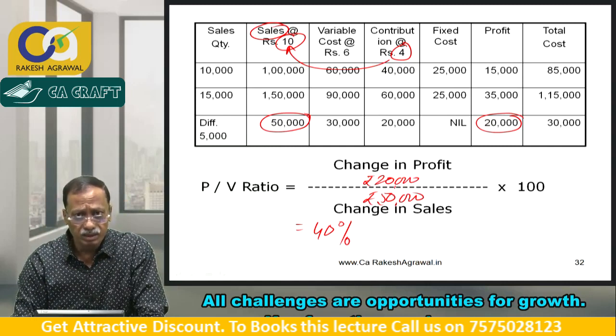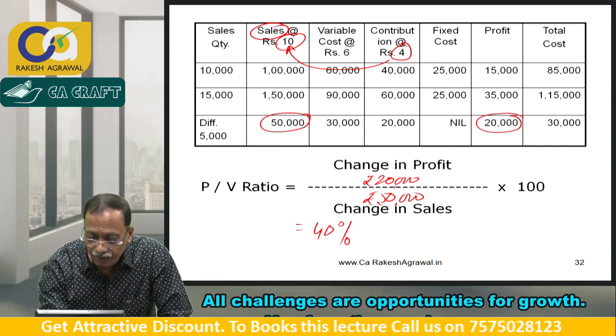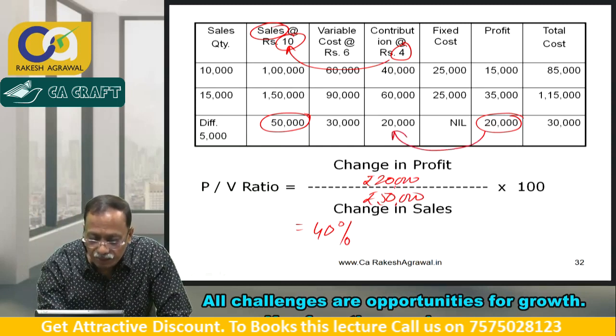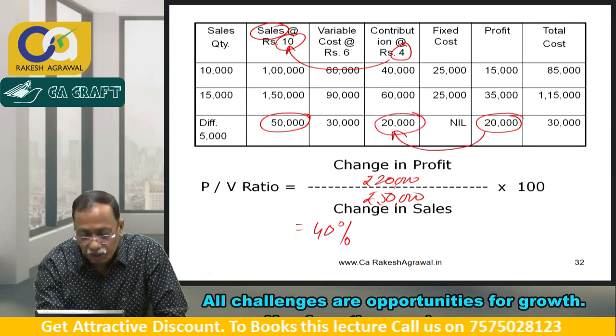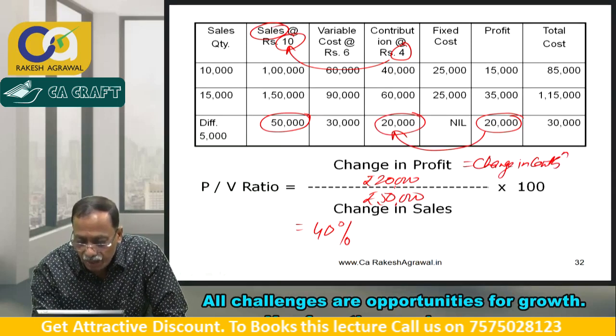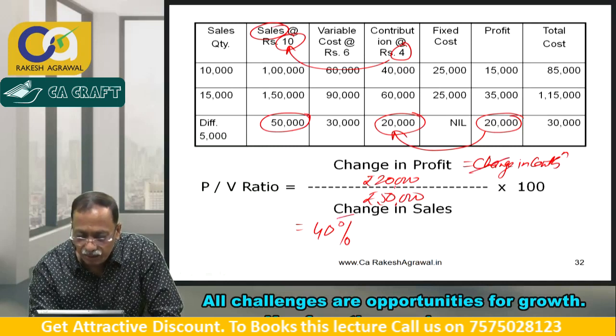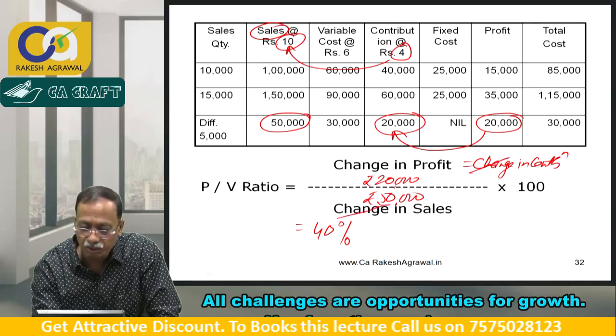Now same logic again. How did we get this 40% PV ratio? This change in profit of 20,000 is attributable to change in contribution. So this change in profit is nothing but change in contribution. In mathematical language we say delta contribution, change in contribution, upon change in sales. Now delete this word change. So it becomes contribution upon sales.